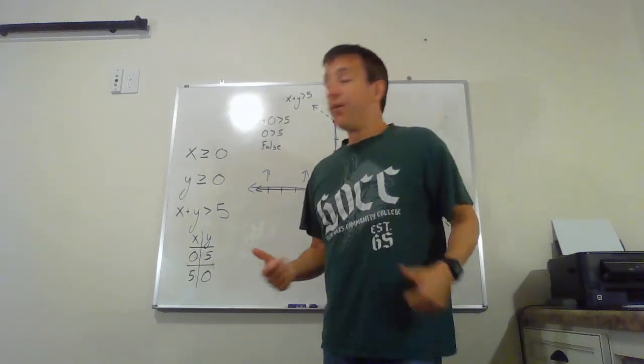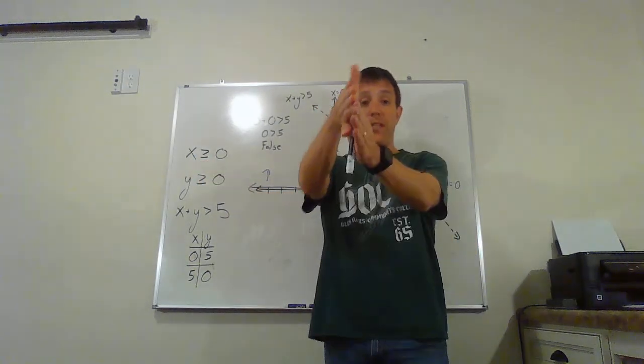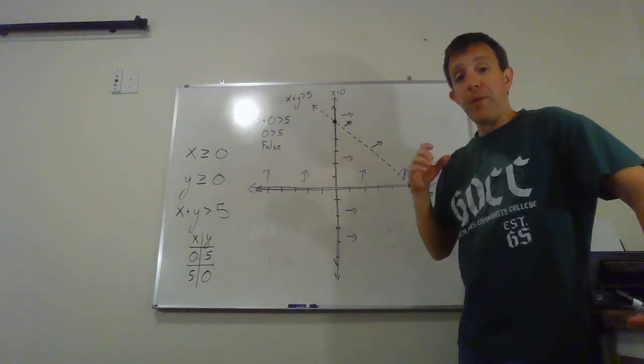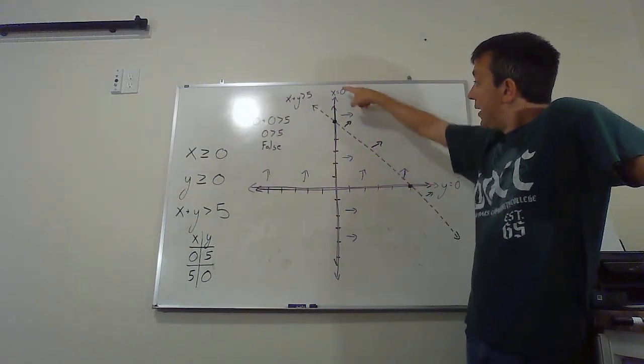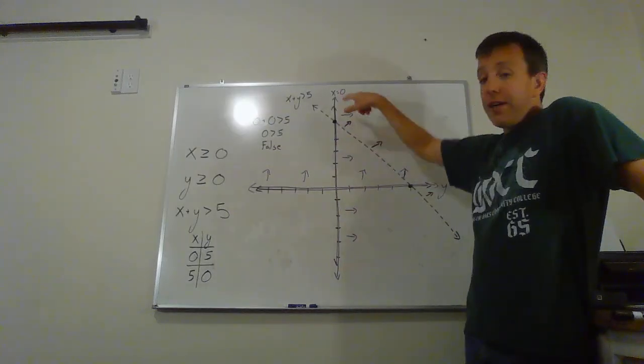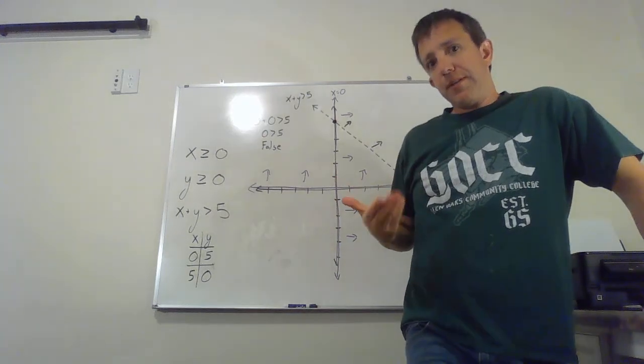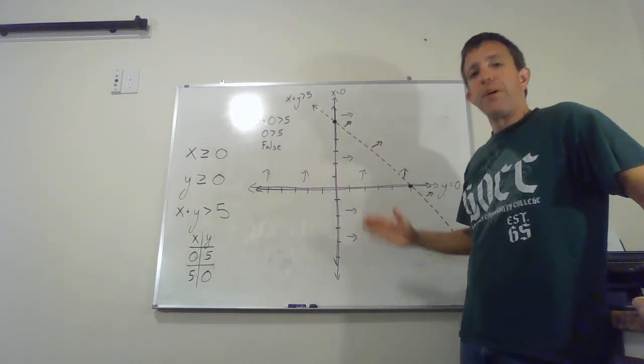Now, I know that x equal to a number is always a vertical line. So for x equals 0, because I remember I'm trying to graph that line, it's just a vertical line right at the y-axis. There's x equals 0, and I'm not sure how well you can see that line since it's right on the y-axis, but it's there.